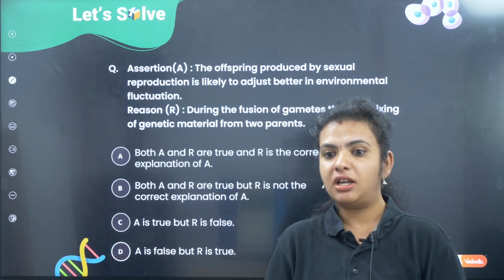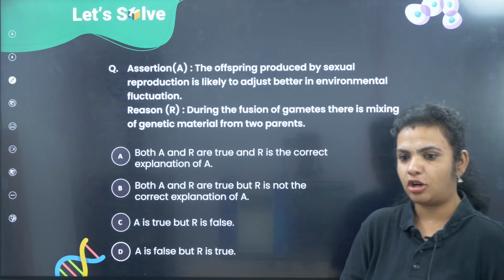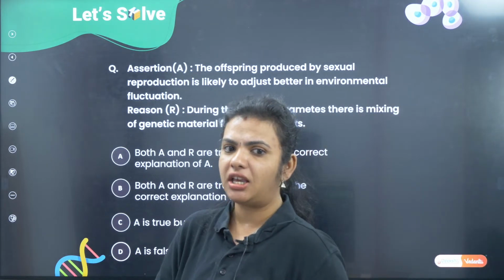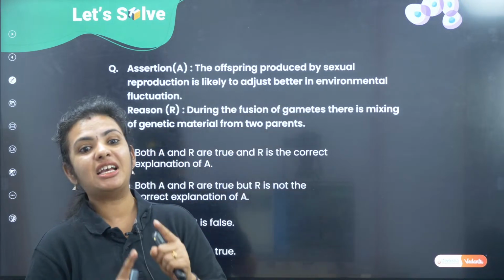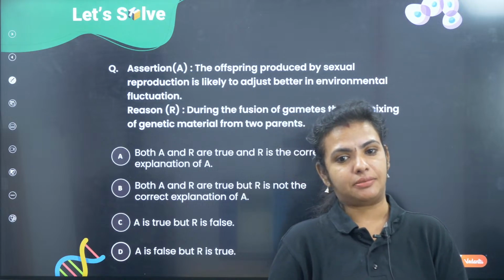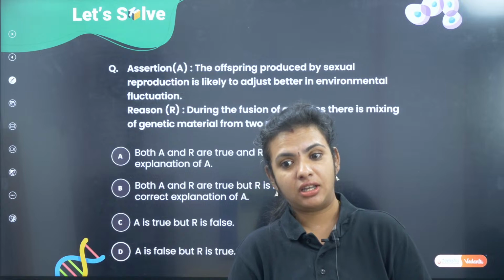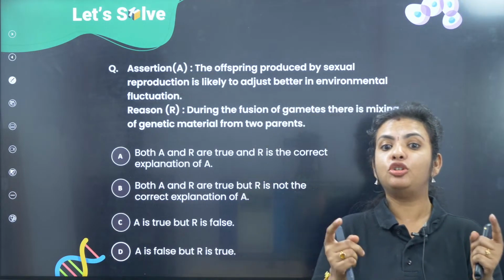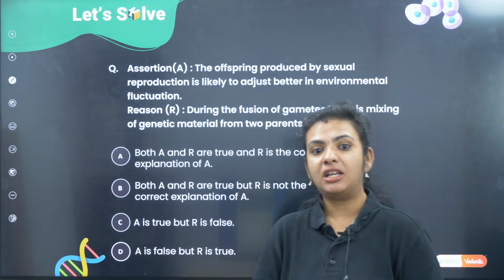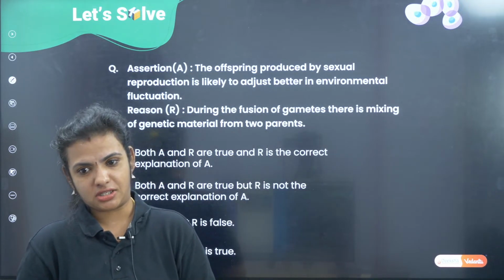So what is the assertion saying? Offspring produced by sexual reproduction is likely to adjust better in environmental fluctuation. The reason is saying during the fusion of gametes, there is mixing of genetic material from the two parents.